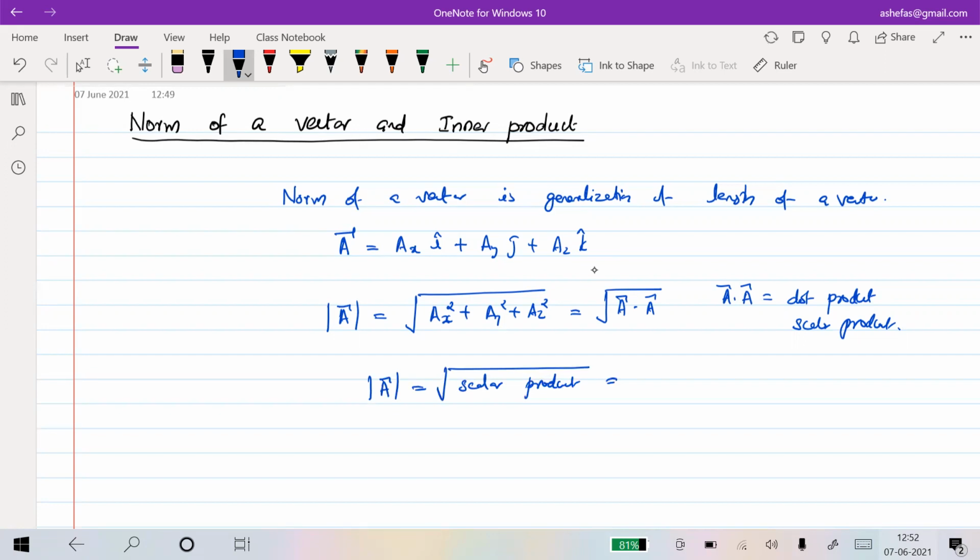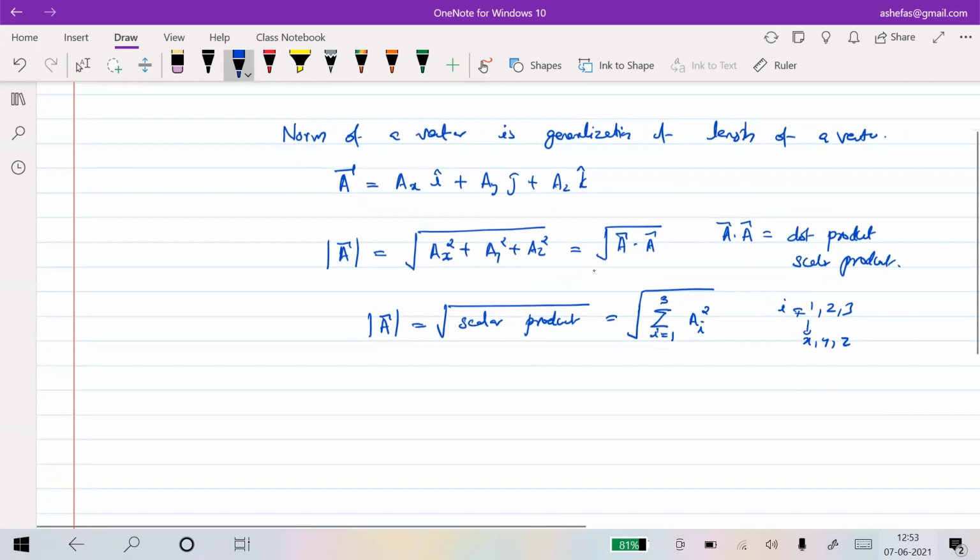Now this scalar product is ax square plus ay square plus az square. We can write this as a sum over i equal to 1 to 3 of ai square, where i equal to 1 corresponds to x, i equal to 2 corresponds to y, and i equal to 3 corresponds to z.